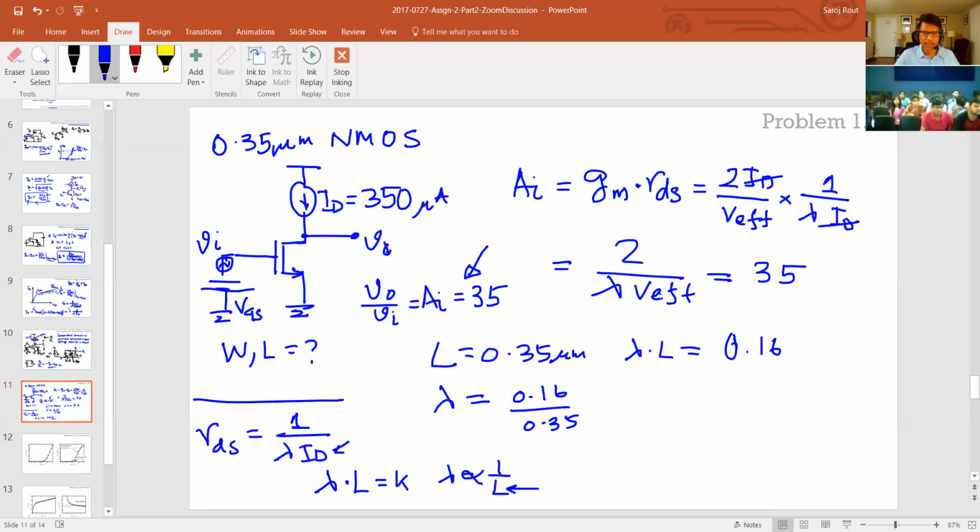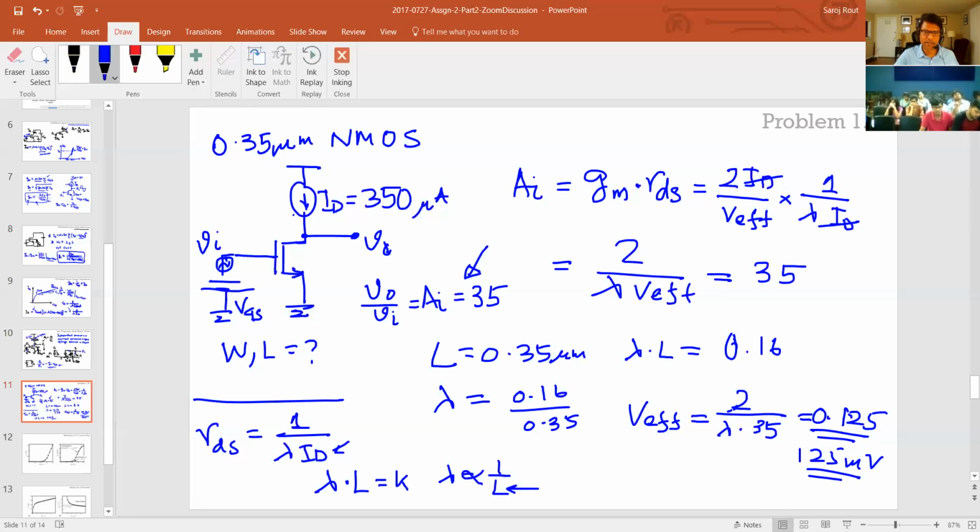If you substitute that over here, you'll get V effective equal to 2 over lambda, which is 0.16 over 0.35, times 35 here. If you substitute all that, you'll get 0.125 volts, or 125 millivolts, right?